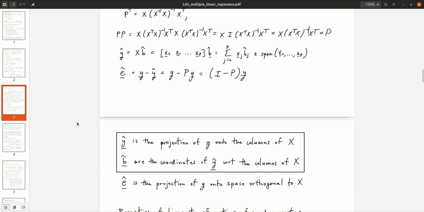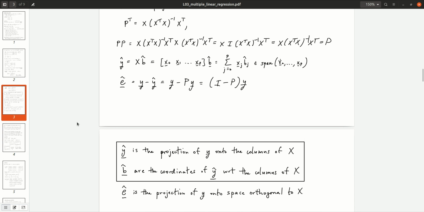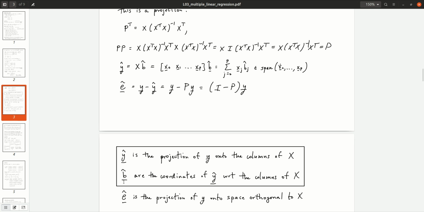Okay, so this is I think an important way to think about what regression is doing. Y hat is just the projection of the data Y onto the columns of X. And B hat are the coordinates of Y hat with respect to the columns of X. So we can think of the regression coefficients as just the coordinates of the fitted values with respect to the columns of X. So why do I say that?